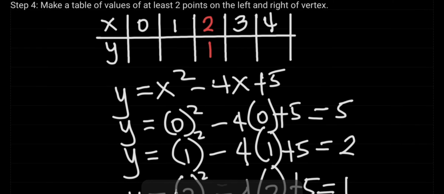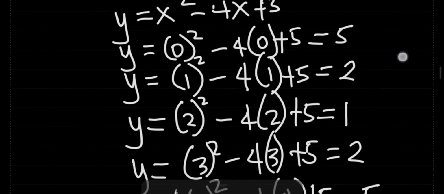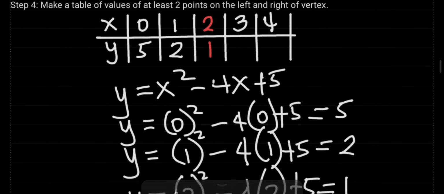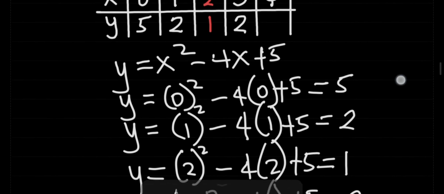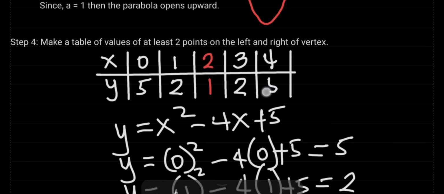So we have here 0 and the output is 5. When we use 1, the output is 2. When we use 3, the output is 2. And when we use 4, the output is 5. So we have here the points (0, 5), (1, 2), (2, 1), (3, 2), and (4, 5).